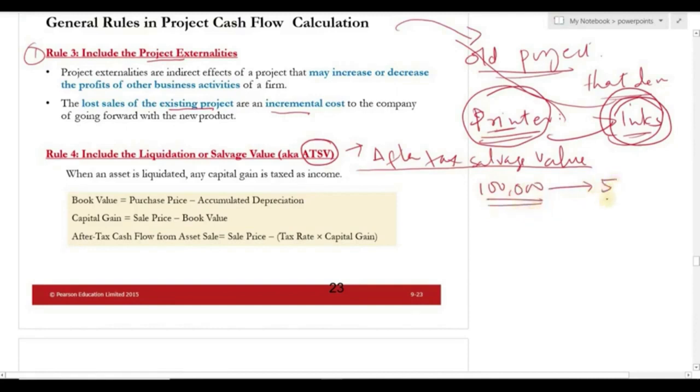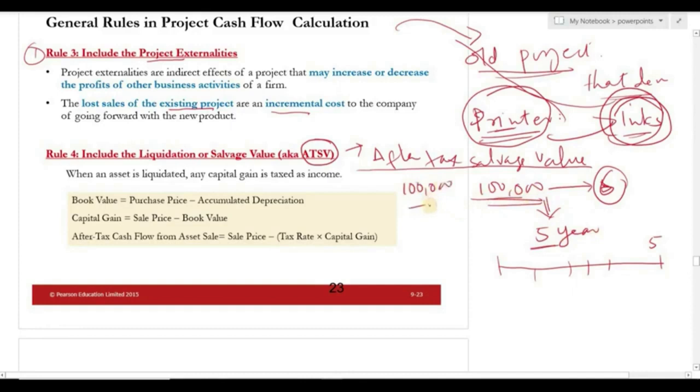But now the life of this car is 6 years, but the project in which this car is being used is for 5 years. Okay, so it means we are going to use this car for 5 years, but the car life is 6 years, right? So it means after 5 years, when the project will be over, it will still have some life, right?